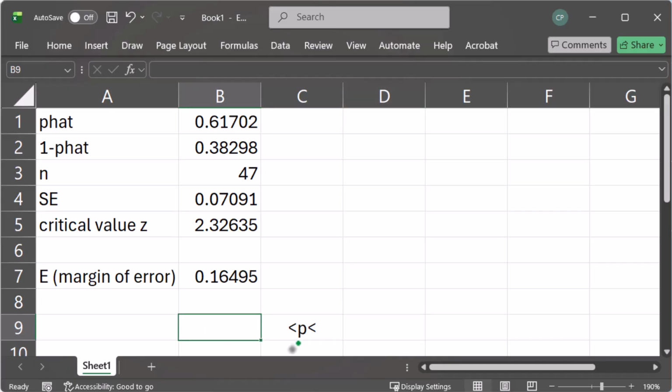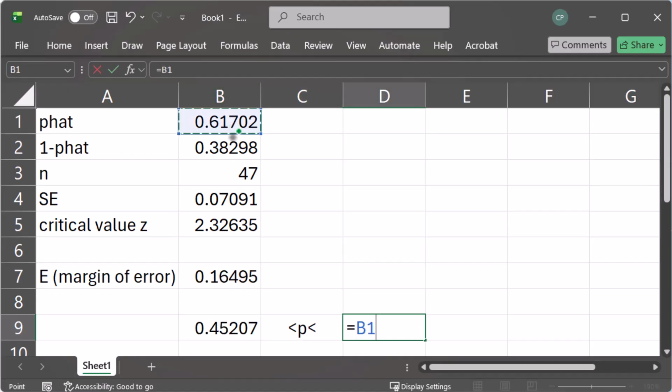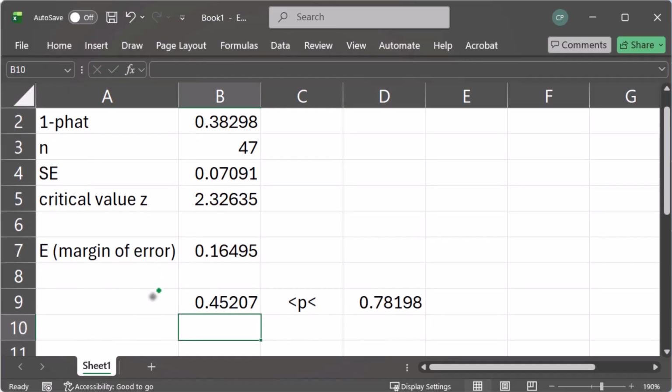The population proportion P is going to be somewhere between, on the low end, equals my sample proportion P hat minus the margin of error I just calculated. And on the upper end, my sample proportion P hat plus the margin of error. So I'm doing two different calculations with the same numbers, and this gives me a range of values.